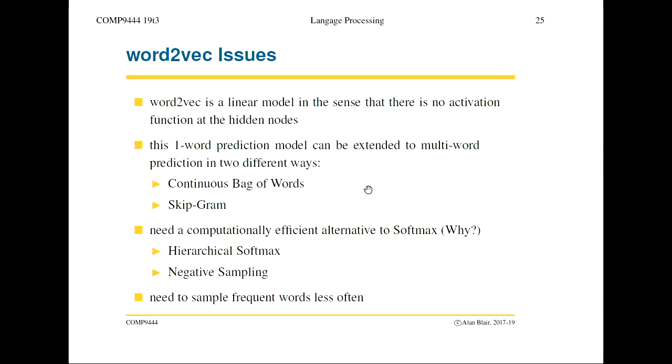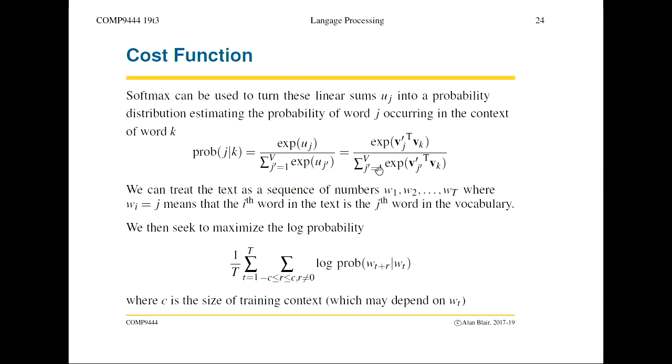The other issue is that we need to be computationally efficient, because in order to compute the softmax, we need this normalizing constant, and for the normalizing constant we have to add up the outputs for every possible word in the dictionary. So we have to add up 60,000 numbers to get this normalizing constant.